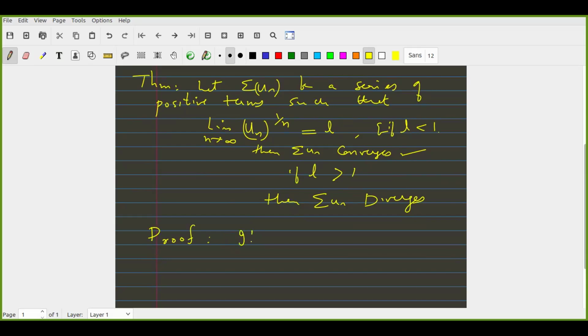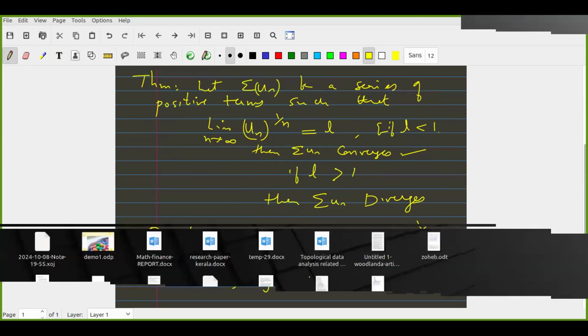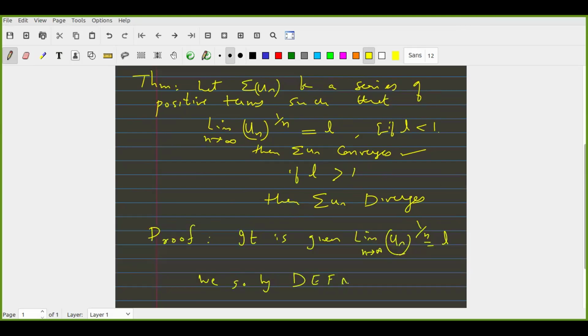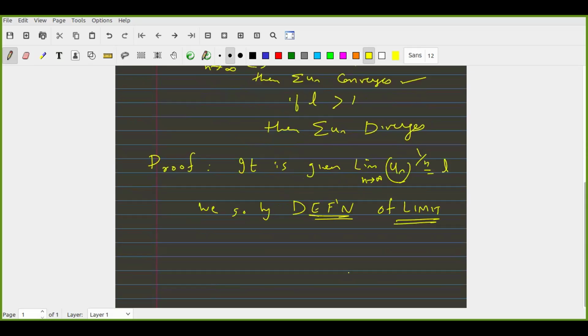So it's given limit un power 1 by n, that is nth root of un, is L. Okay, so we go by the definition of limit. This is very important. The starting point is the definition of the limit.